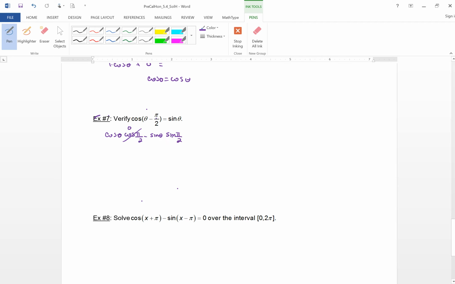What's sine of pi over 2? 1. Oh, this should be a plus, because it's a negative. So this is a 1. That means sine theta equals sine theta, and there. Okay?